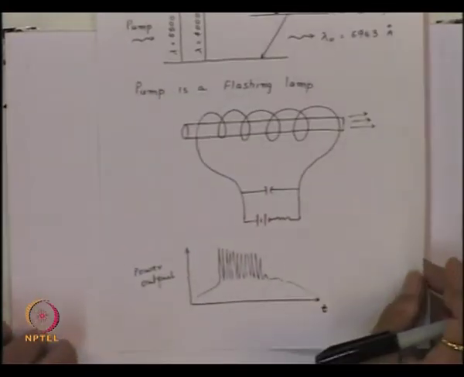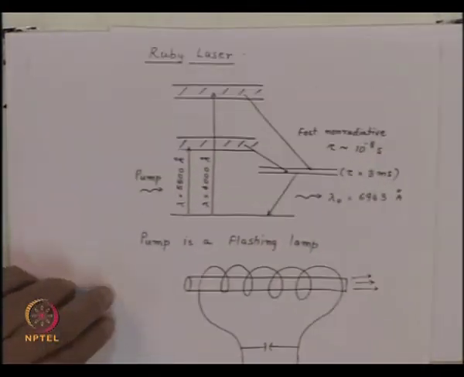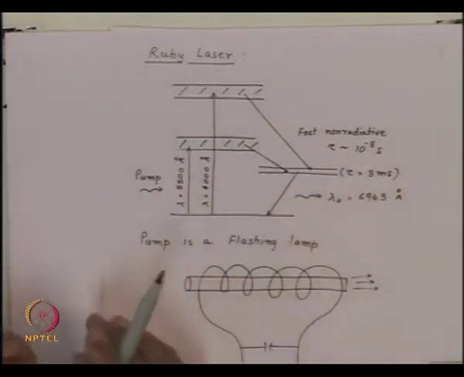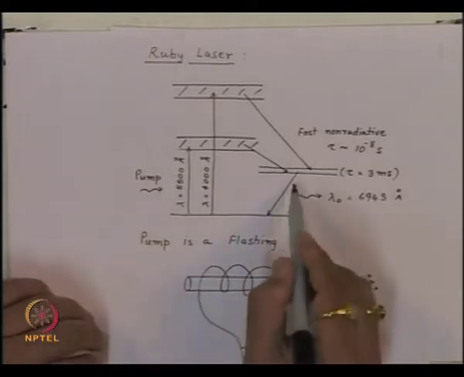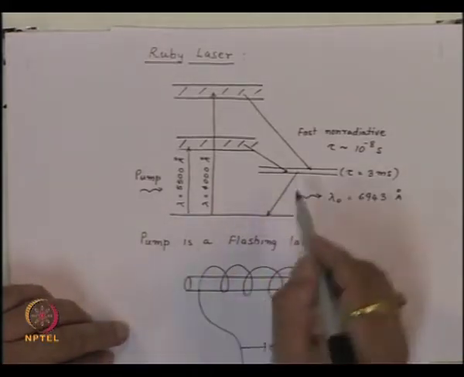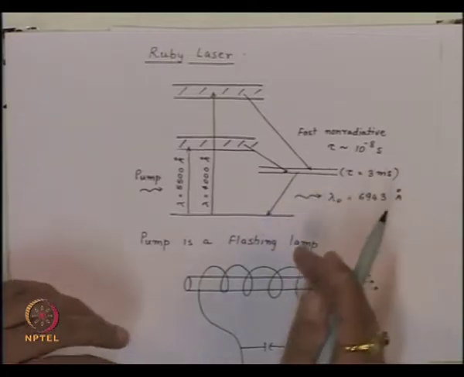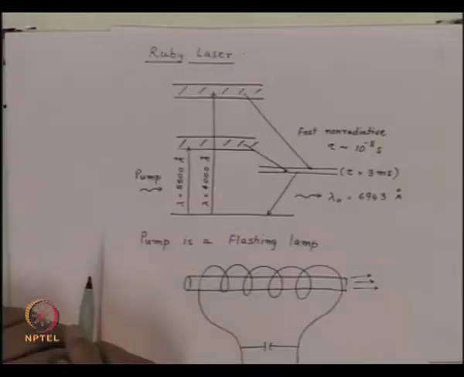Now, as we mentioned earlier also, whenever we create a population inversion, since this is a very rapid process, once the stimulated process starts, very quickly the population inversion depletes. That means most of the electrons again collapse down to the ground state, and you do not have a population inversion.